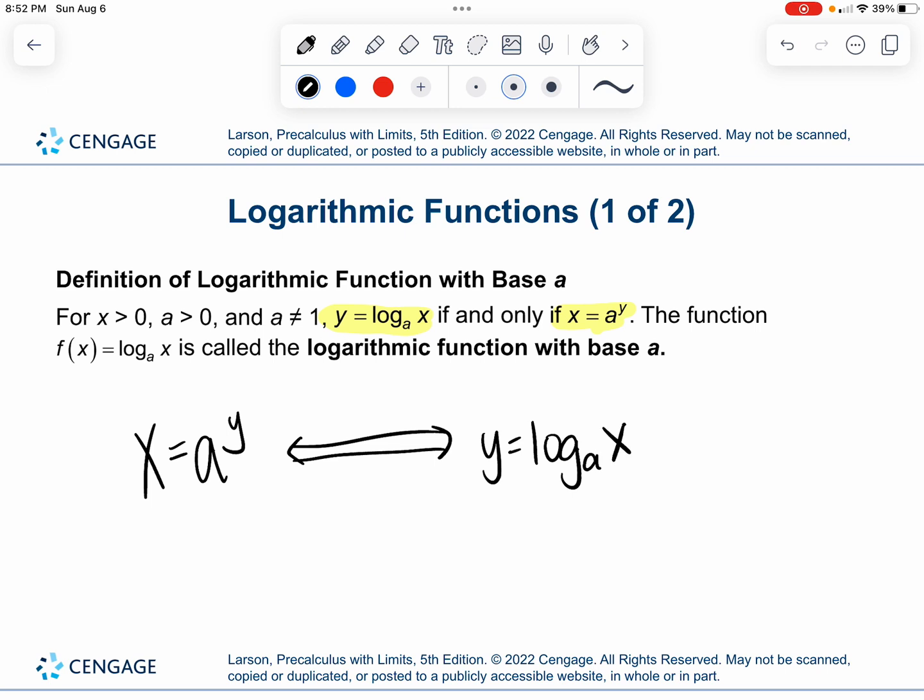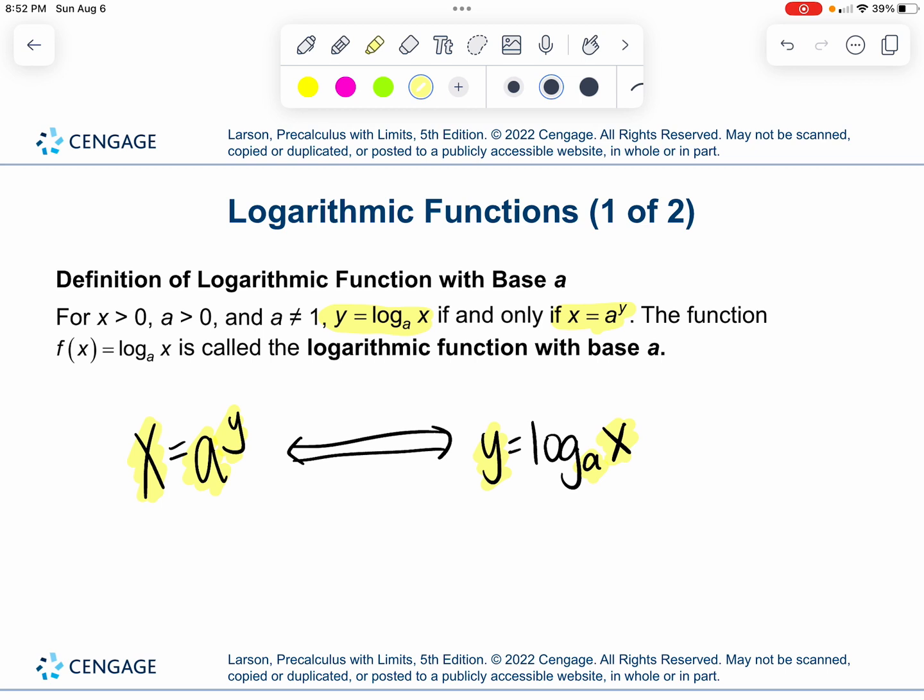So you can see here, here's your x, base A to the y equals x. You can see the components are in both of the equations. Just the one on the right has a log, and the one on the left has an exponential component. So the thing is with these, they are interchangeable.